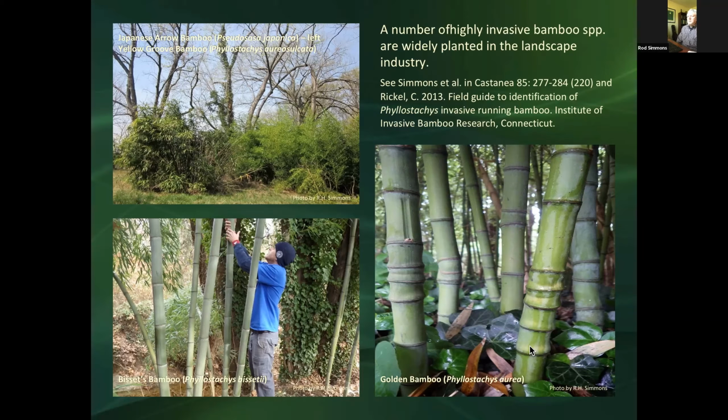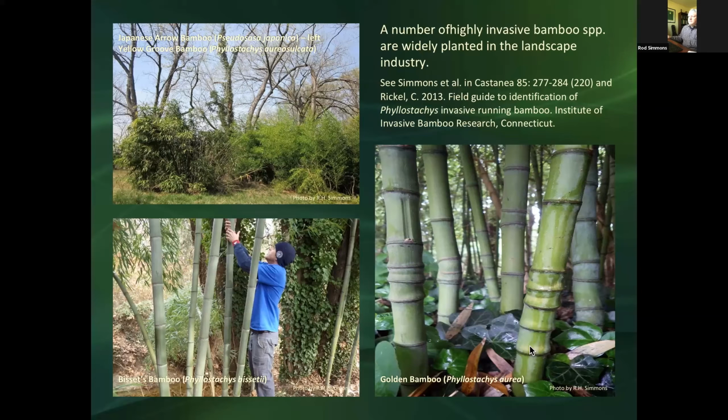A lot of times people might plant them in a yard thinking they can control them, and they might even achieve that. But when they sell their home, or years later, the bamboo has escaped, and it's causing lots of trouble. These are the four common varieties of bamboo here.